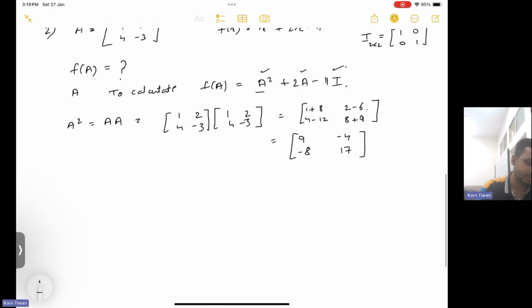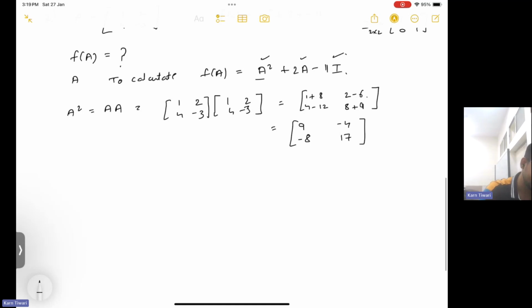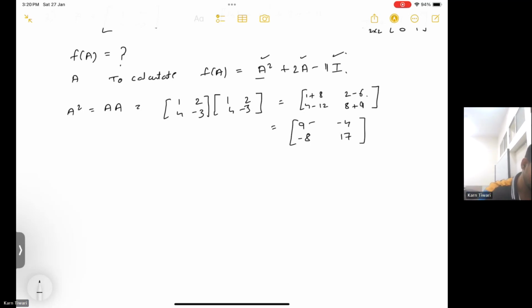So let's cross verify once. 1 cross 1, 1, 2 cross 4, 8. So totally 9. Yeah, it's correct. 1 into 2, 2 minus 6, that is minus 4.